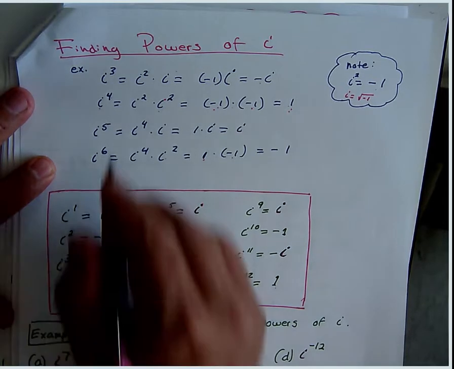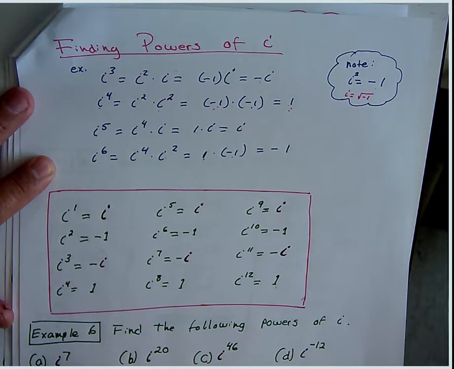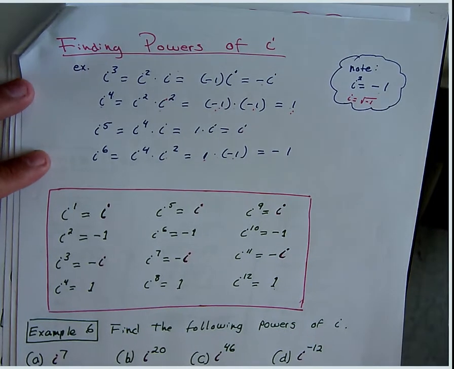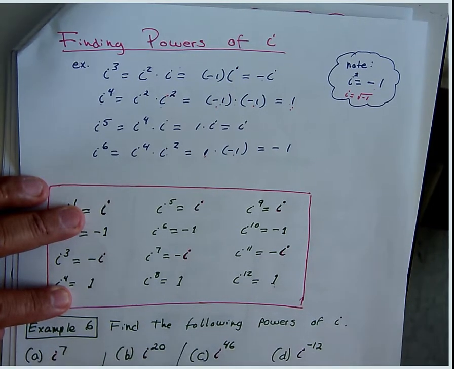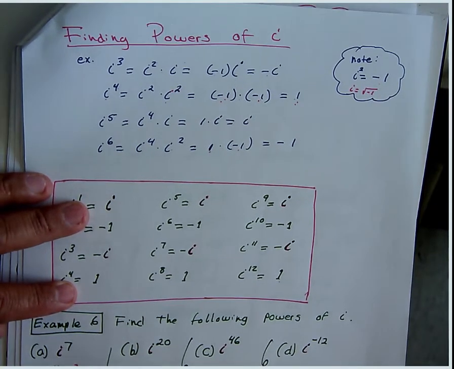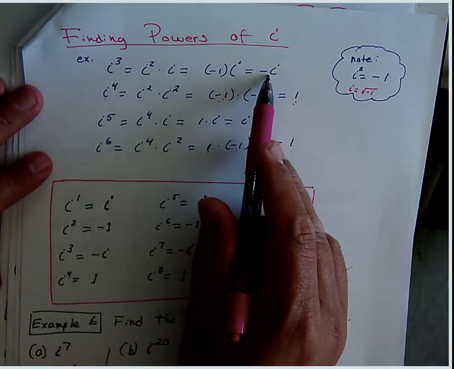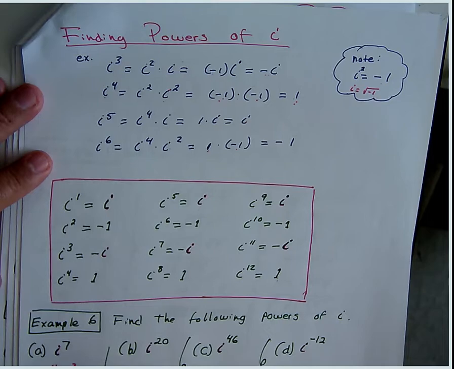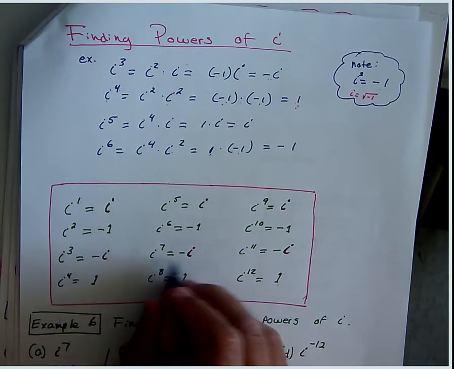So I know i^4 is +1, so this part becomes +1 times, let me separate these things, and then i^3, I know i^3 is -i. So I know i^7 would be 1 times -i, which gives me -i, which is the one here.